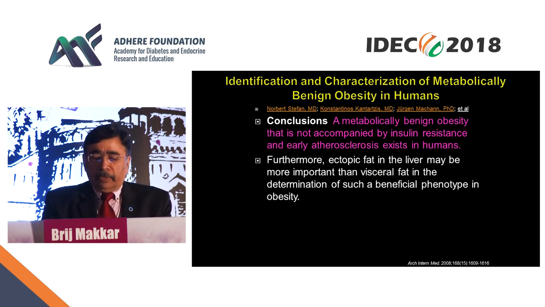They concluded that a metabolically benign obesity that is not accompanied by insulin resistance and early atherosclerosis does exist in humans. Though these researchers agreed that they did not know the exact cause of this, it did put this subject on the center stage.